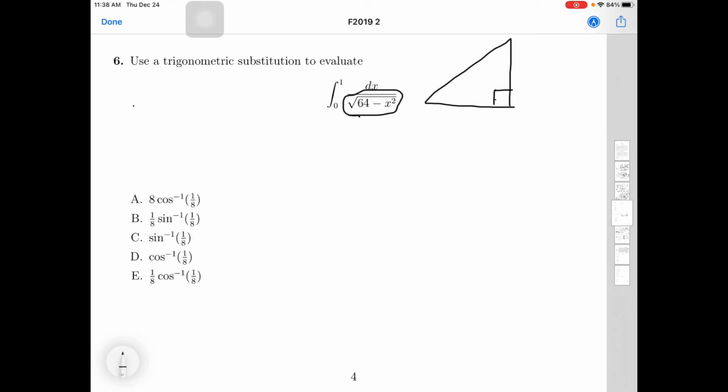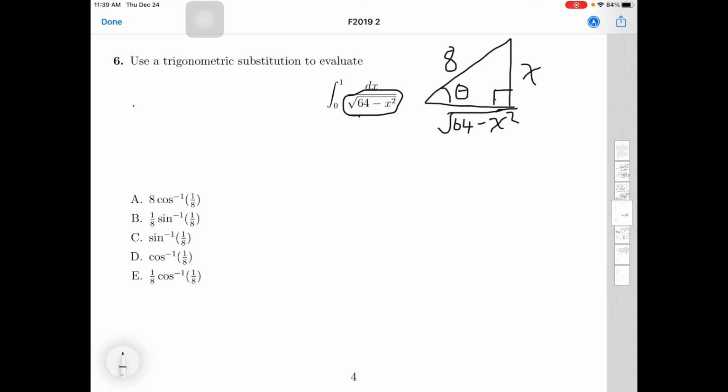So we have a perfect square minus another perfect square. So I would put 8 over here, and x over here. And then by the Pythagorean theorem, this would be the square root of 64 minus x squared. So now we can use this angle as theta.